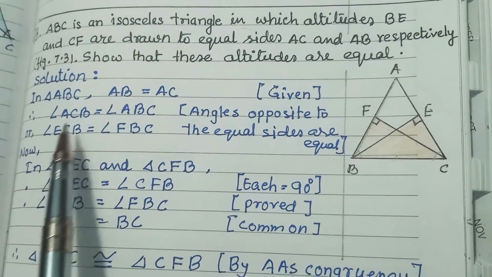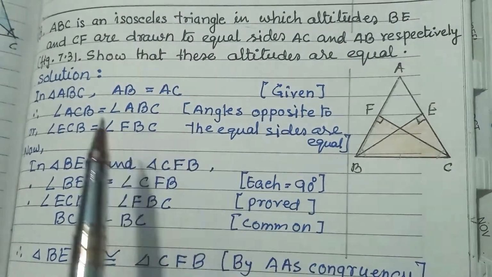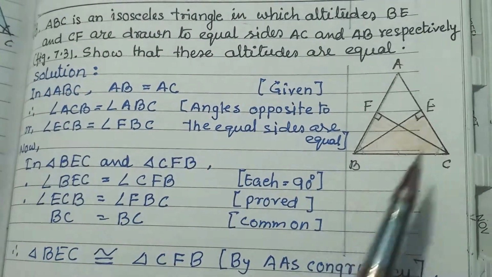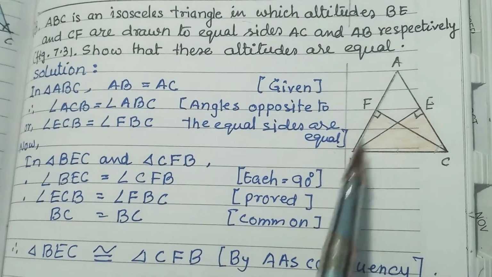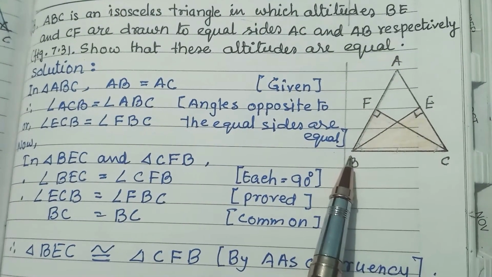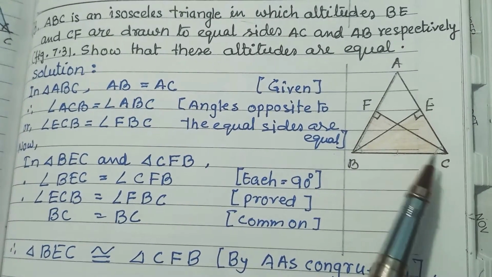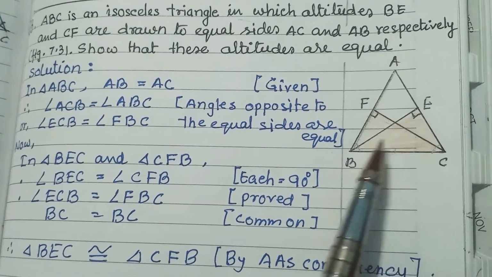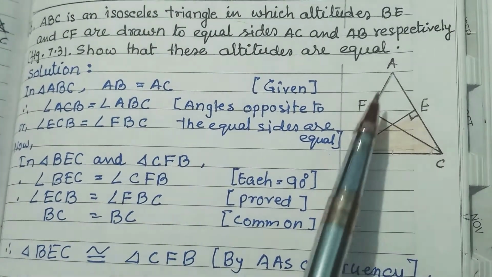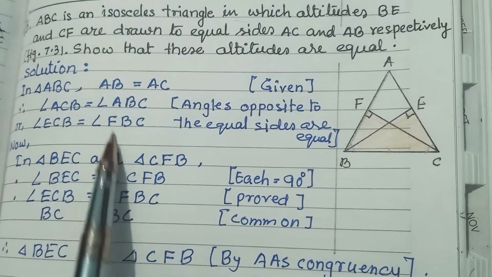In triangle ABC, AB is equal to AC, so angle ACB is equal to ABC, since angles opposite to the equal sides are equal. Therefore, angle B equals angle C. Instead of ACB we can write ECB, and instead of ABC we can write FBC.